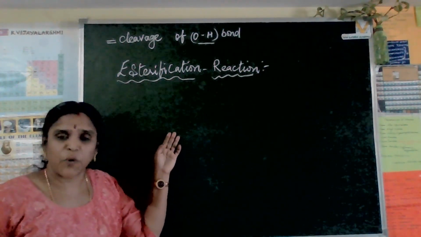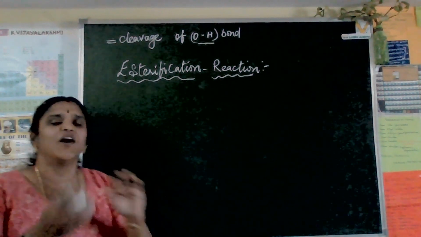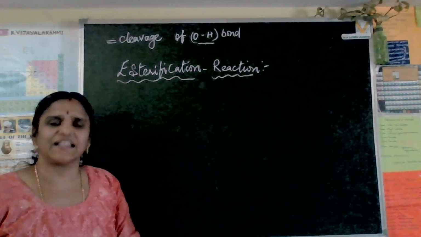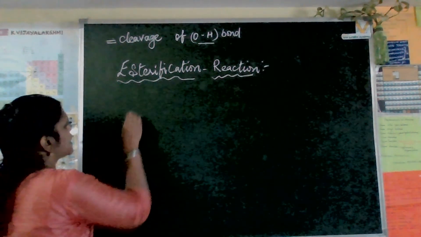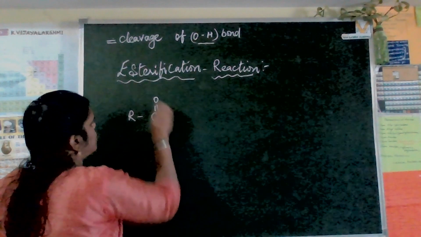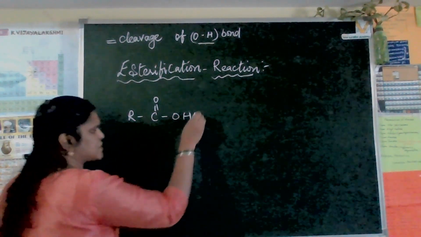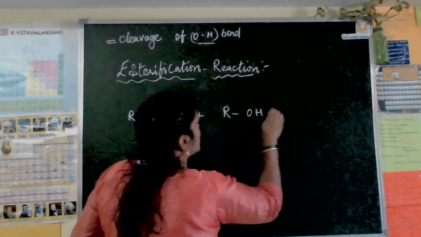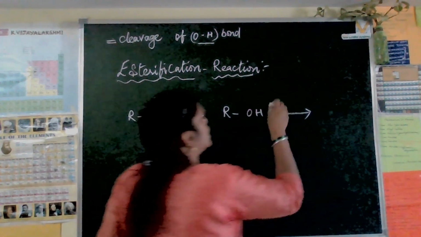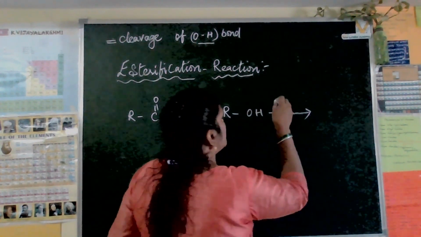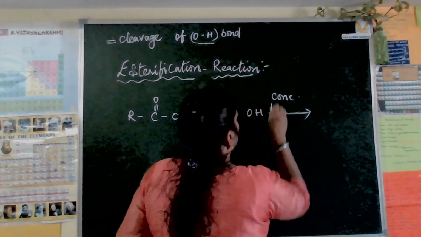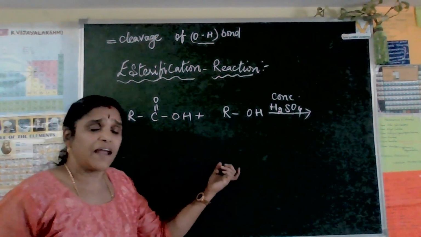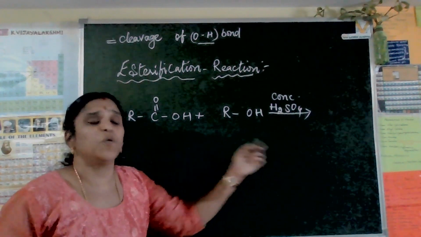Esterification, it's a very, very important reaction. It is so simple. Alcohol reacts with carboxylic acid and you get ester. That is very simple. Carboxylic acid, what is the formula? C double bond O, OH. So this is carboxylic acid, combined with alcohol, ROH, in the presence of, that is very important, concentrated H2SO4, which is a dehydrating agent, meaning it removes water.